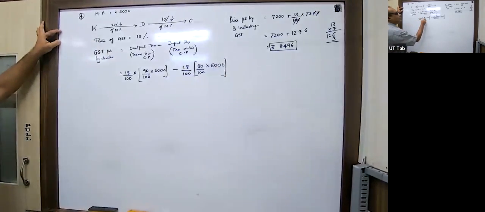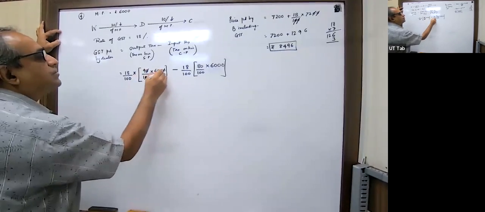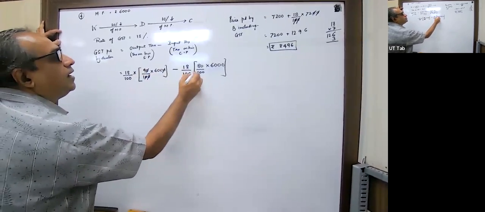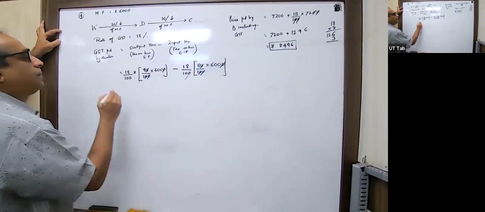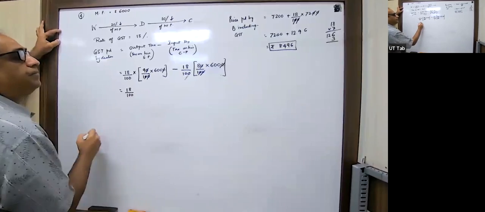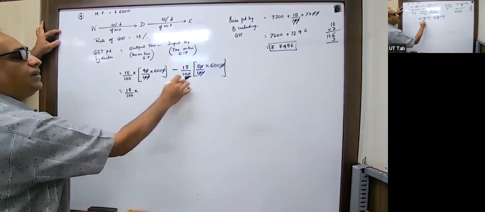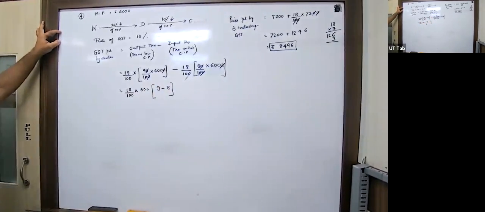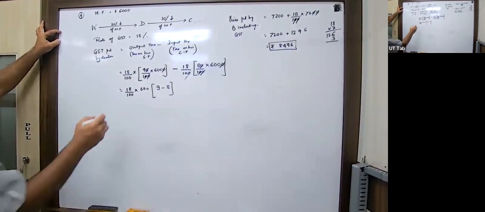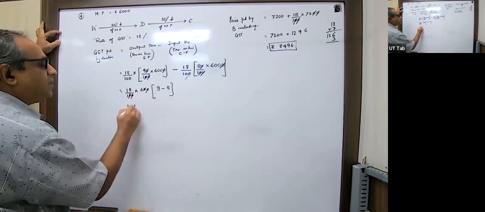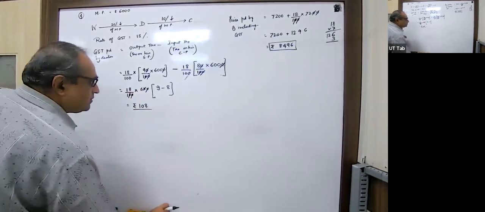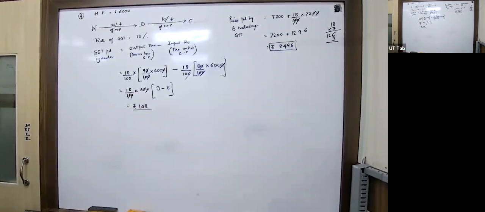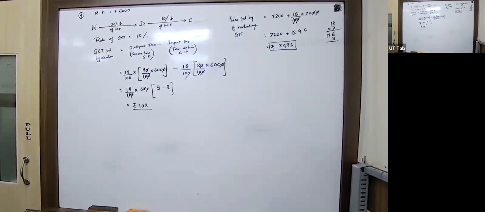Did you understand? अब ये 0 0 0 0 0. 18 upon 100 into ये कॉमन है, 600 भी कॉमन ले लो, 9 minus 8. ओके खत्म, ये 0 ये 0 ये 0 ये 0, आंसर खलास। अंडरस्टूड? एक ही कॉन्सेप्ट है इसमें: जीएसटी पेड टू द गवर्नमेंट या नेट जीएसटी is always output tax minus the input tax.